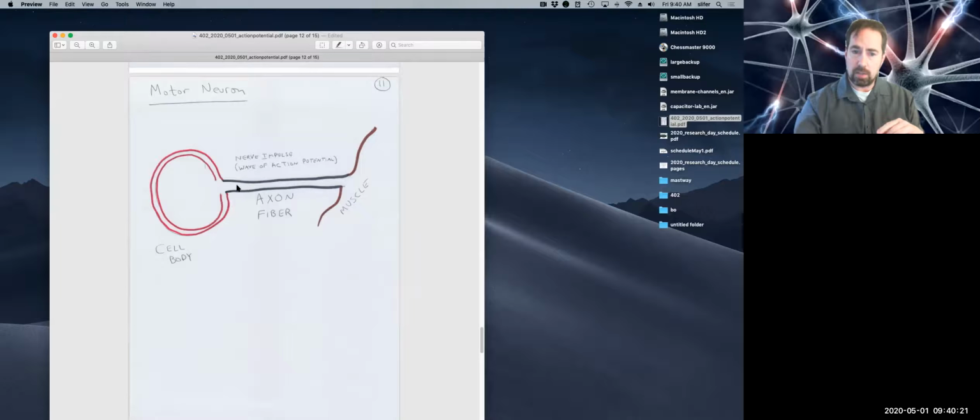The cell body is connected by these fibrous things, the axons, that are connected to a muscle. And whatever happens in this cell, we need that to be translated to the muscle, so that the muscle can then go through an action potential and fire and spasm and do something.